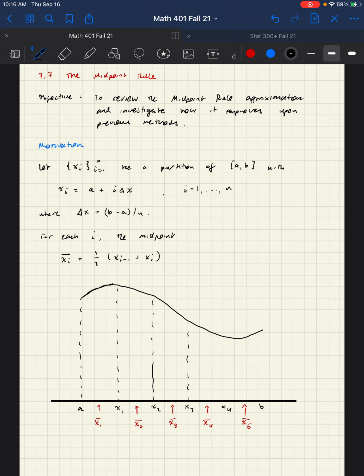Remember that our subintervals, if we trace them up to the function, tell us that for each subinterval, the area underneath the curve is going to be replaced with the function value at the midpoint, and that's going to determine the height of the bar.